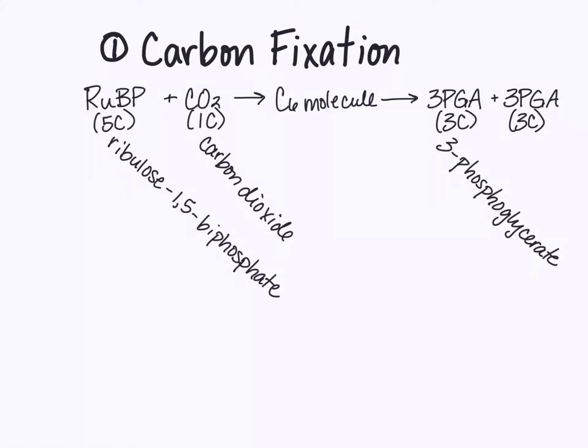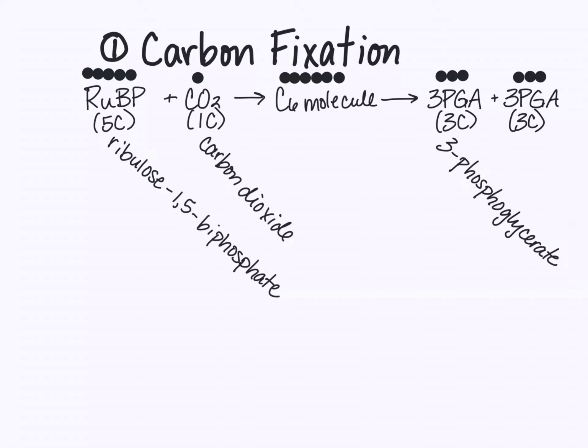Now we can also draw this out by just using black circles to indicate the carbon atoms. So remember that RUBP is a 5-carbon compound, and it combines with carbon dioxide, which has 1 carbon atom. In doing so, it produces a 6-carbon compound that gets broken down into 2 3-carbon compounds.